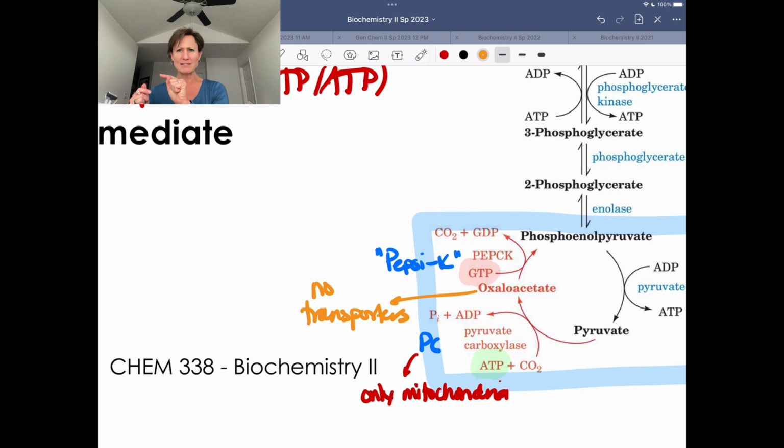We've got pyruvate that can only be made into oxaloacetate using a mitochondrial enzyme called pyruvate carboxylase. But then we have to finish the rest of the gluconeogenesis process by reversing glycolysis enzymes in the cytosol, but there's no transporters for oxaloacetate to get it from the mitochondria where it's made out to the cytosol where the rest of the enzymes for gluconeogenesis are.